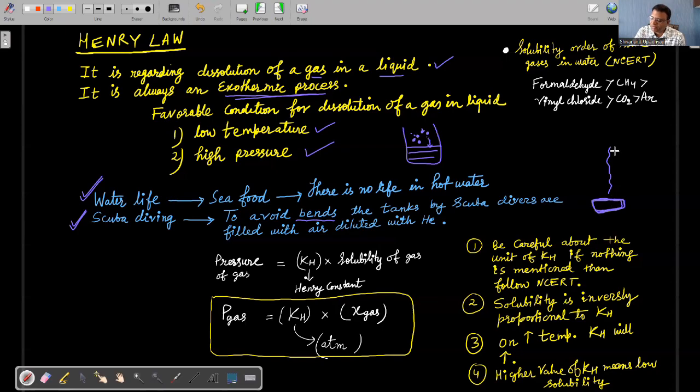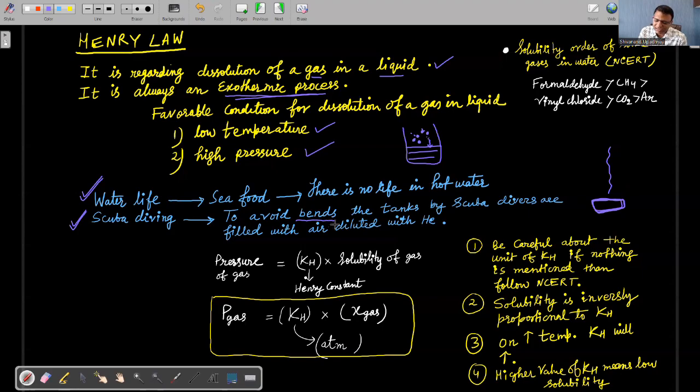When we come up, those dissolved gases inside our blood will try to come out, because high pressure was there so they were dissolved. But when we come up, the pressure decreases, so the gases come out. When they come out, there will be pain, right? So there is a bend in our body.